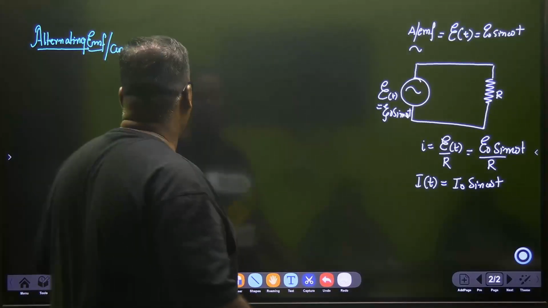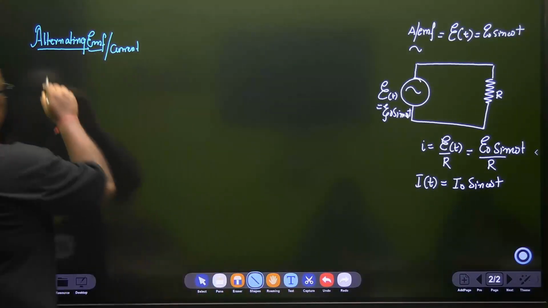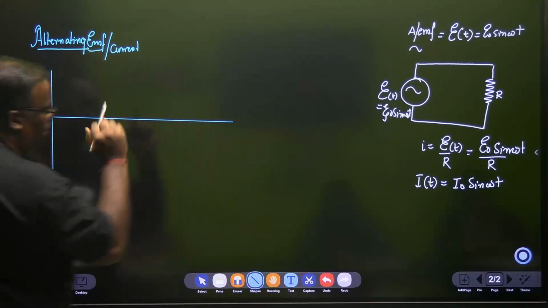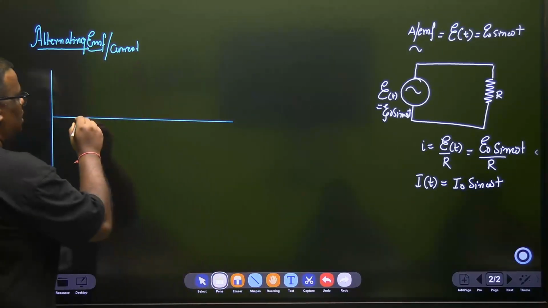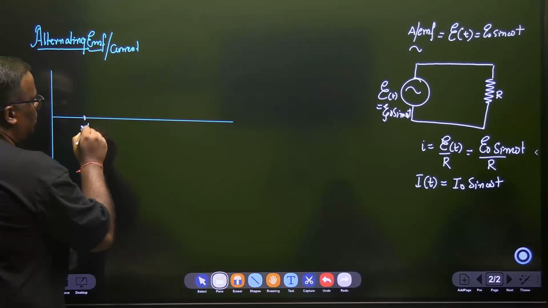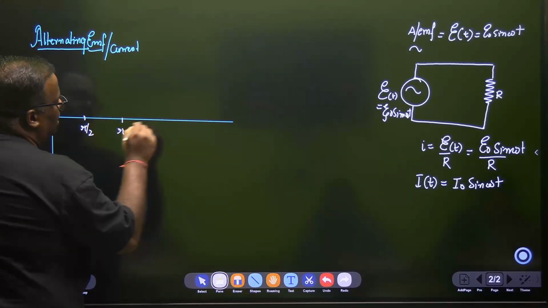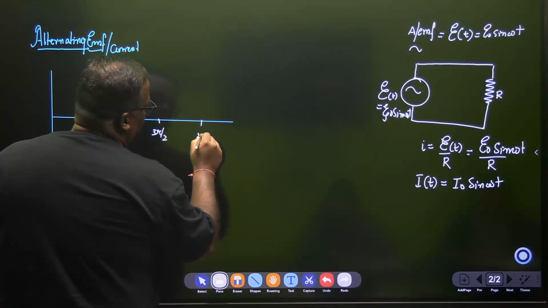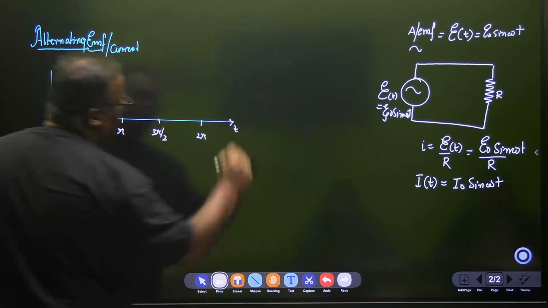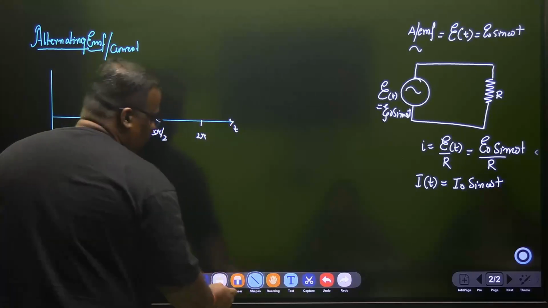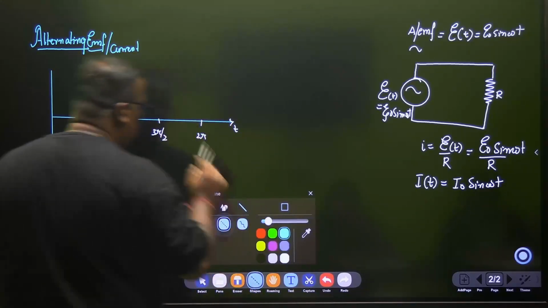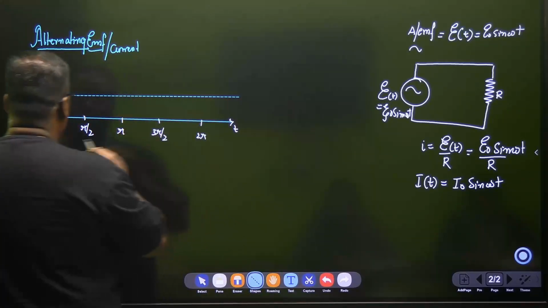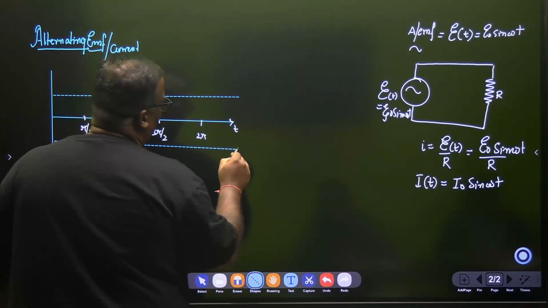If I look at a graph here of a sinusoidal voltage, I have pi by 2 here, I have pi, I have 3 pi by 2, and I have 2 pi here, and this is showing the time scale t. Obviously there will be peak values. Now the peak values of a sine function are +1 and -1. But this has got a coefficient with it.